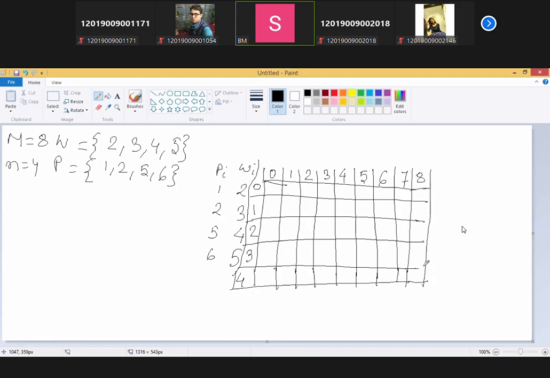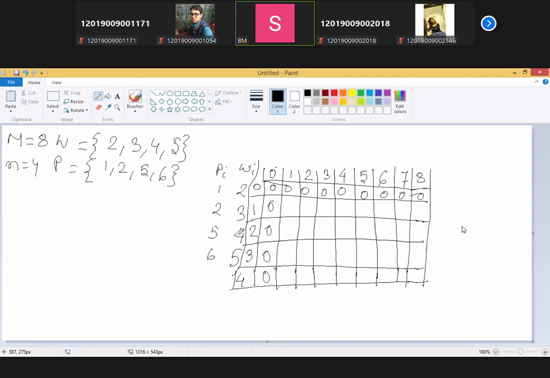The 0th row means you haven't taken any object, and that's why no profit is there. So this row will be filled up with 0, and this column will also be filled up with 0.